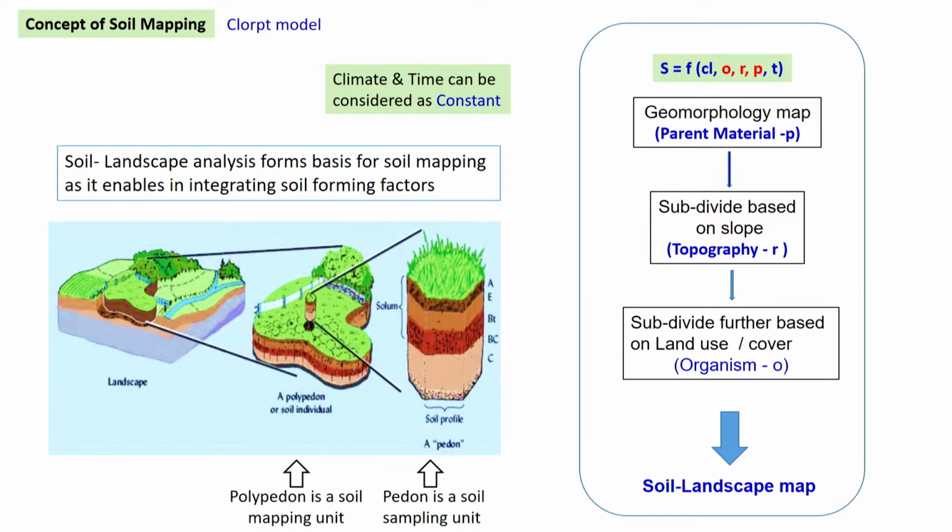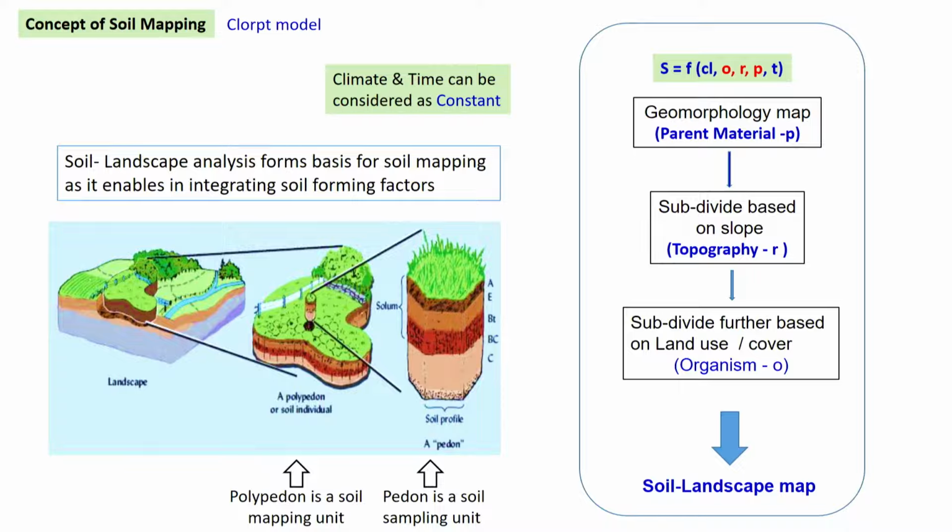But suppose you are interested in erosion mapping, watershed planning, soil fertility, soil productivity, or soil carbon stock assessment. Then we need to study only the top 20 centimeter or top 50 centimeter of soil as per your objective. Then we can take samples of that area.